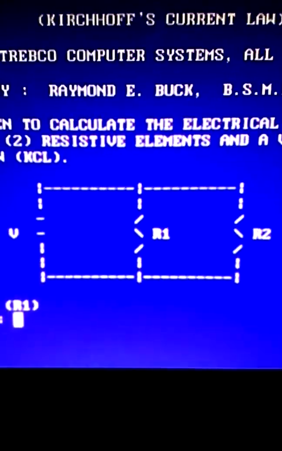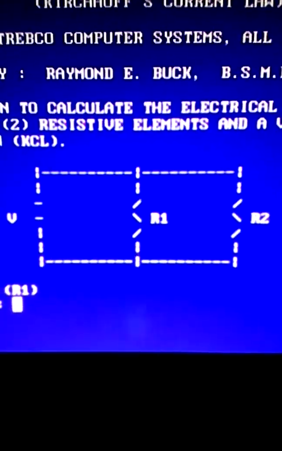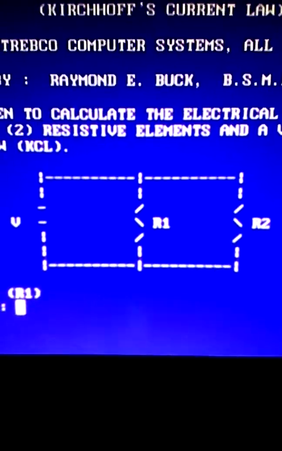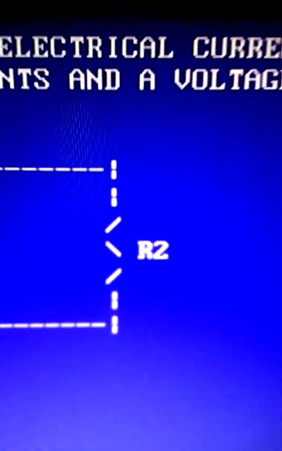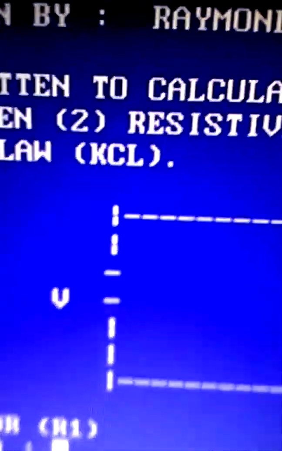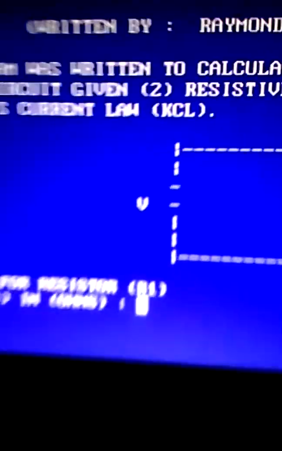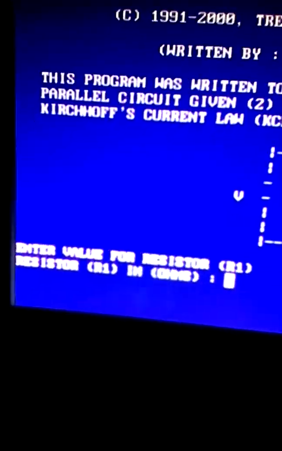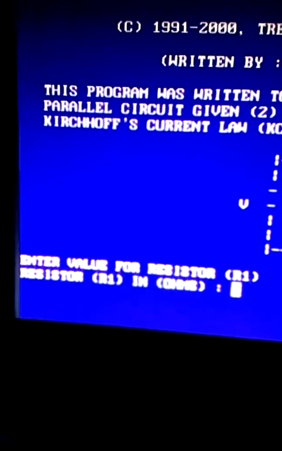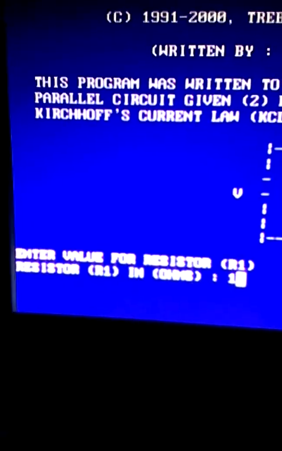Today we're going to look at two resistive elements. You got a voltage supply, you got a resistor R1, resistor R2, and a voltage supply. So let's say R1 is 10 ohms.